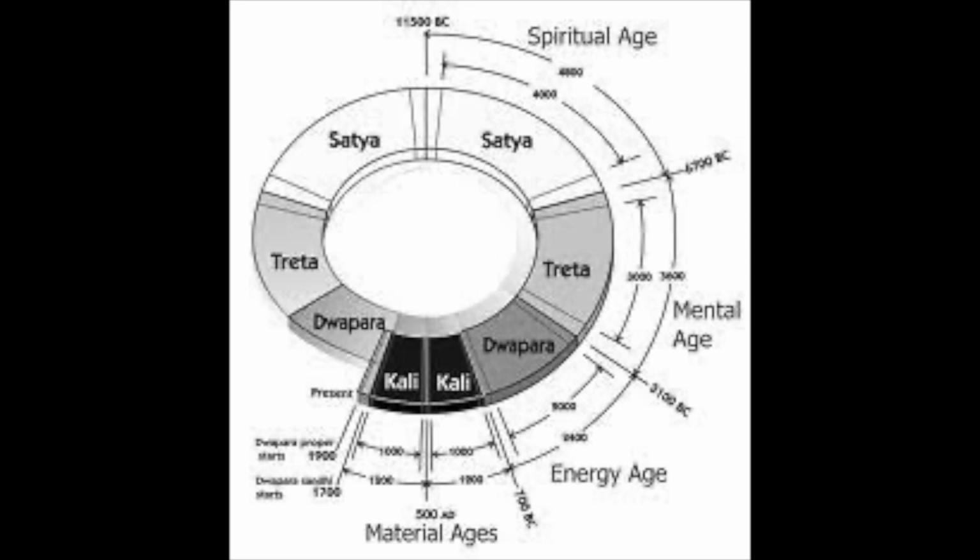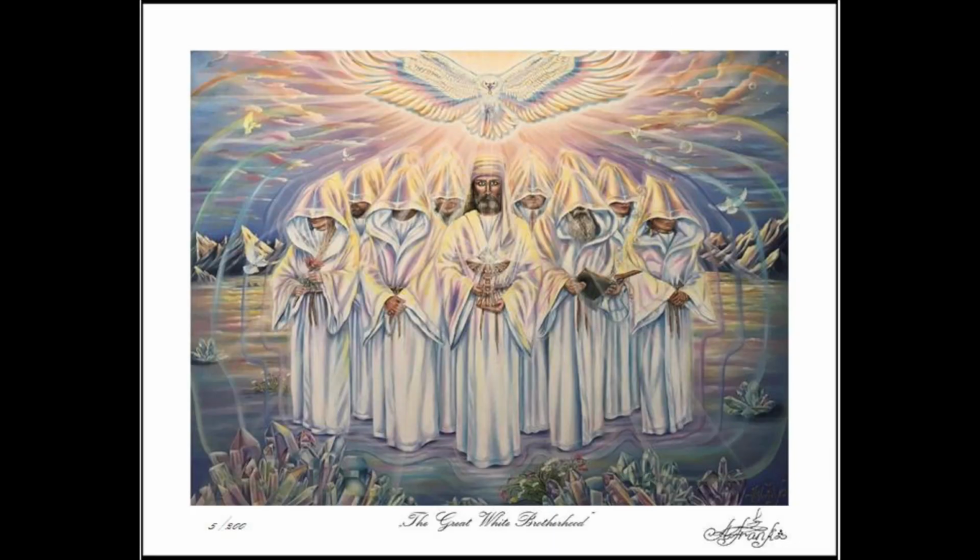At the end of Satya Yuga, after this great destruction occurred, small groups of secret priesthoods and secret societies moved about the planet, preserving the wisdom of Satya Yuga and teaching other groups of humans about the secret wisdom preserved within these secret priesthoods and secret societies. And this went on for thousands of years.